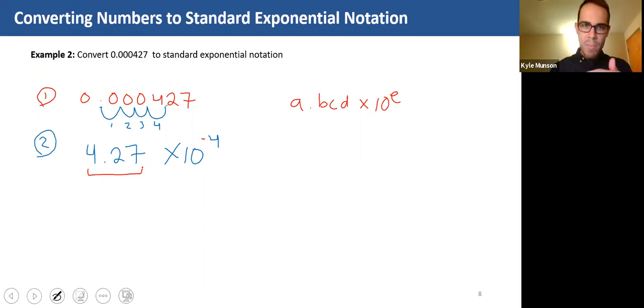So anytime that happens, the exponent E is always negative. The opposite is true if the number that you end up with is smaller than the number you started with. In that case, the exponent will always be positive, okay? And you can go back to the other example and see how that is true.